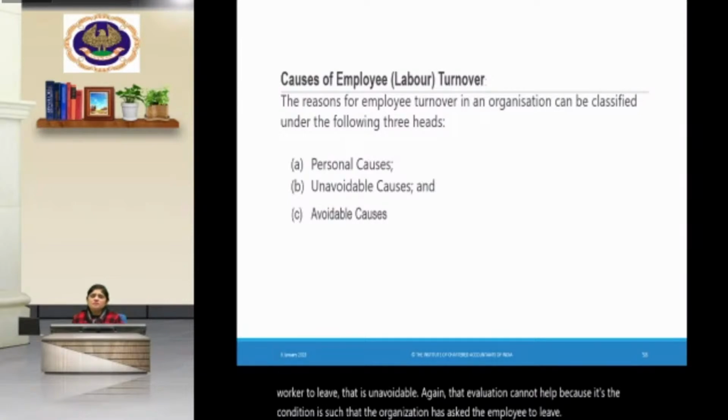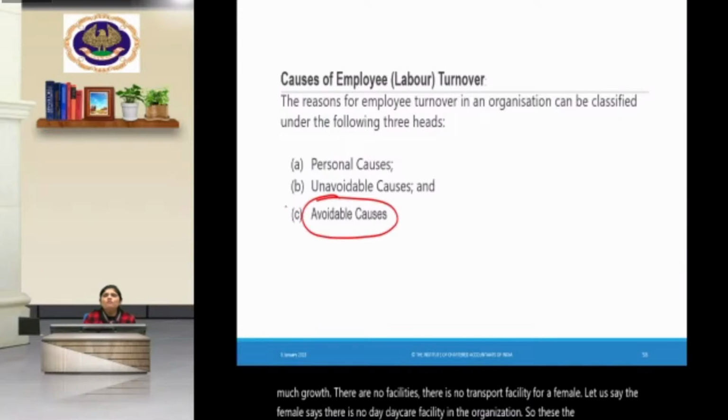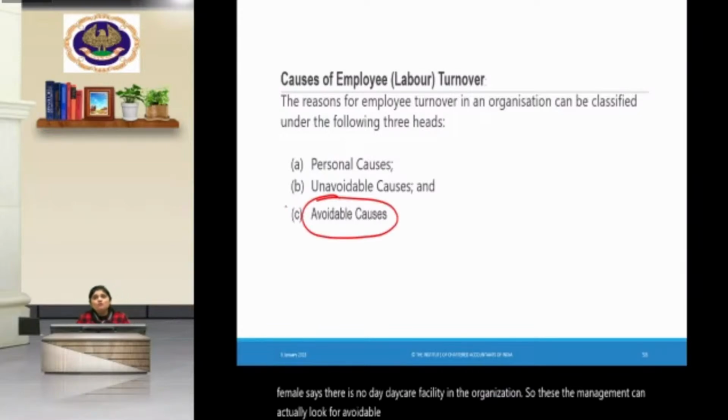Again, the organization cannot help because the condition is such that it has asked the employee to leave. Avoidable causes means the salary is not increasing, there is not much growth, there are no facilities, there is no transport facility for a female. Let us say a female says there is no daycare facility in the organization. So the management can look at avoidable causes to control labor turnover. Personal and unavoidable causes, the management cannot do much about.